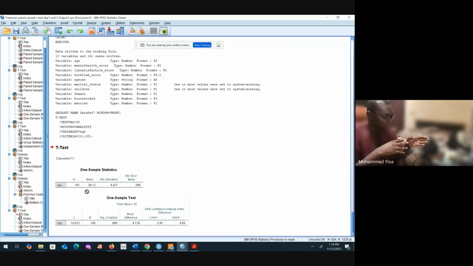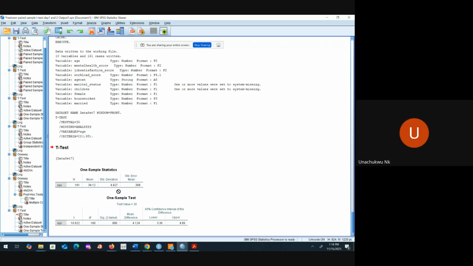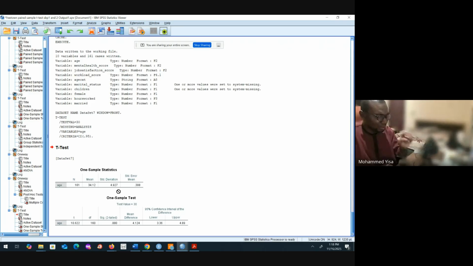One sample statistics shows you the mean, standard deviation, and the number of observations that were considered from within this data set. So 161 tells you that 161 observations within your data set have been considered for this calculation.